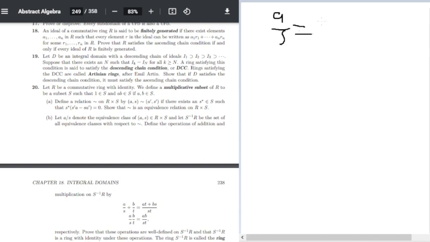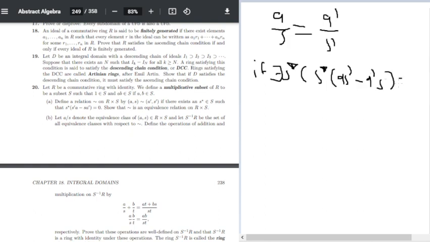AS is equal to A prime S prime if there exists an S star such that S star of A S prime minus A prime S is equal to 0. As you notice, normally this definition already works if we have an integral domain, but this actually generalizes that, because it's very possible we have a commutative ring, just not an integral domain.